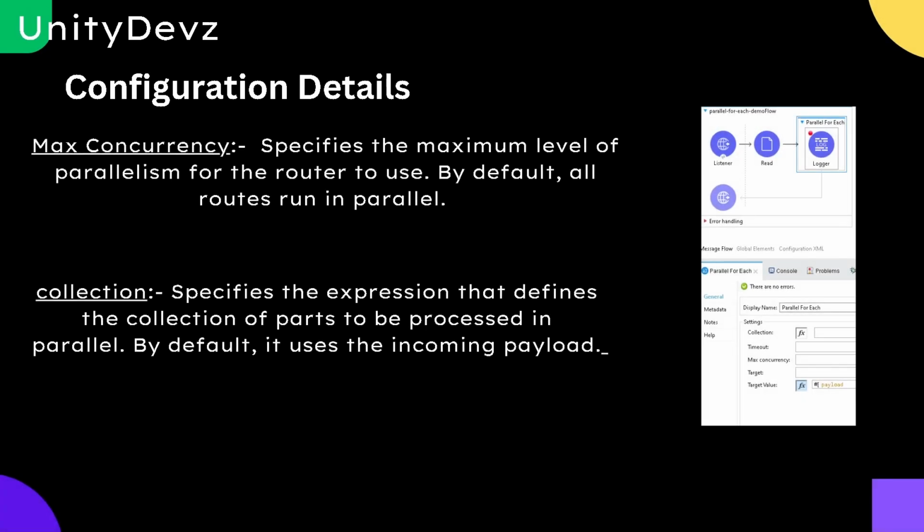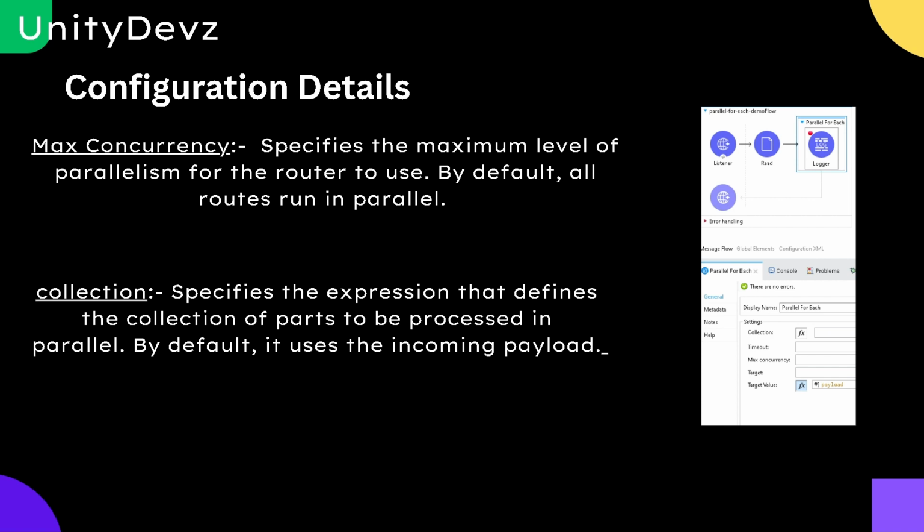These are the two most important configurations you can set based on requirements. If there is no requirement, you can also discuss with your architect or principal architect whether these configurations can be changed. By default it will use the maximum number of threads we have in our local machine, based on the number of cores. But if you want to specify a thread count, you can do it with the max concurrency field.